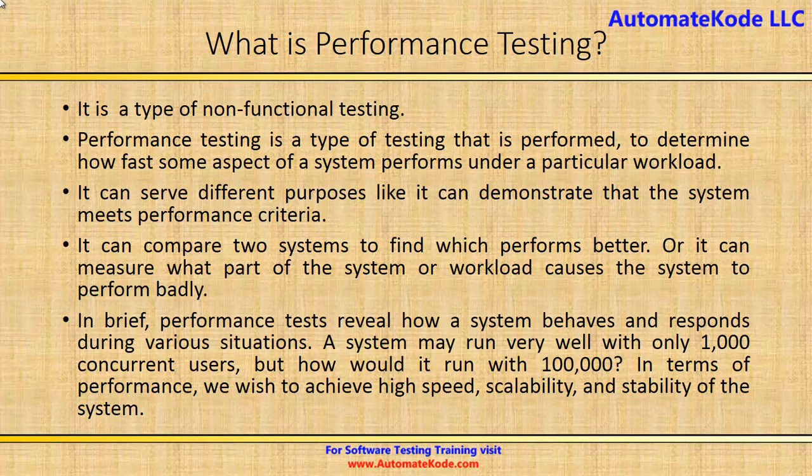If it still performs poorly, that means we didn't do performance testing on the right parameters. Let's say in the actual system 1000 people are using the system, but we performance tested it for 500 users. For 500 users it was good, but for 1000 users it is not performing well.